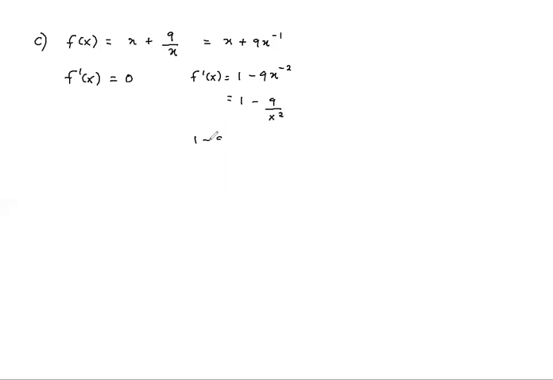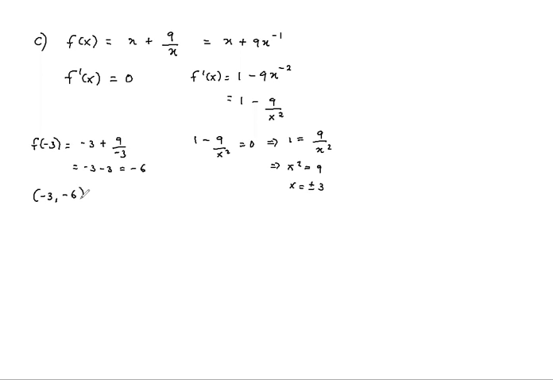So we'll have 1 minus 9 over x squared is equal to 0, which implies that 1 is equal to 9 over x squared. Cross multiply, x squared is 9, implying that x is plus or minus 3. So you take negative 3 to f, and get negative 3 plus 9 over negative 3, which is negative 3 minus 3, which is negative 6. So we have a point, negative 3, comma negative 6.